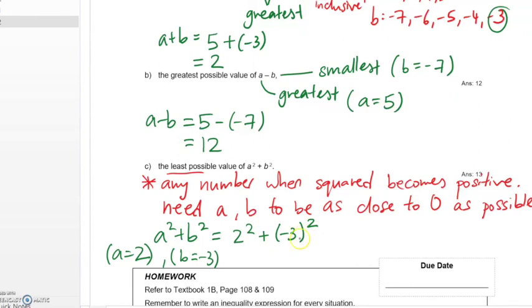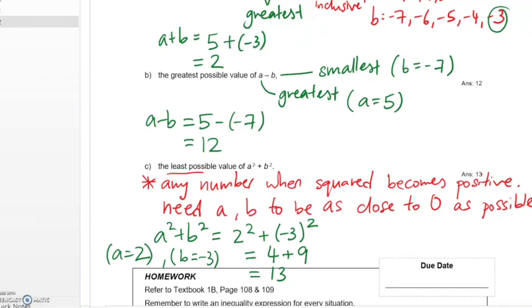Otherwise, you will be making the common careless mistake of doing minus 3 square, which is going to be wrong. So in this case, this is 4 plus 9. As mentioned, when you square numbers, you get positive numbers, and when you add them up, 4 plus 9 gives you 13, and this is the smallest possible answer.